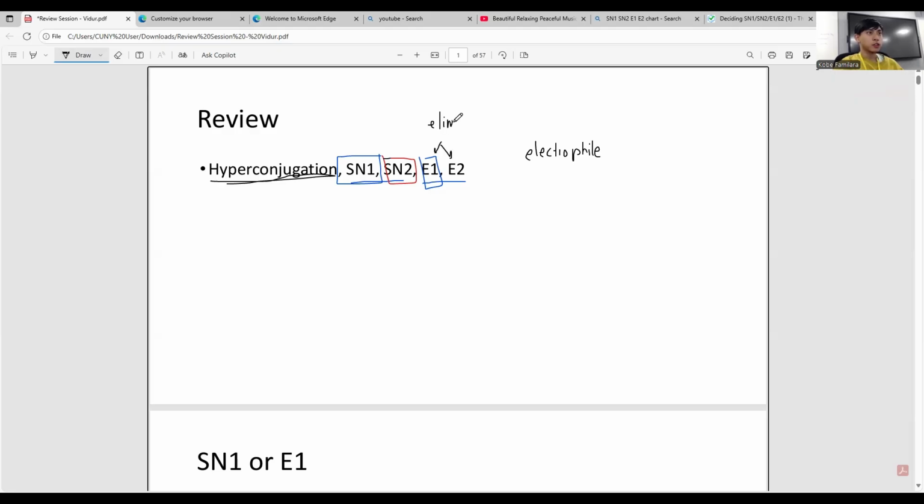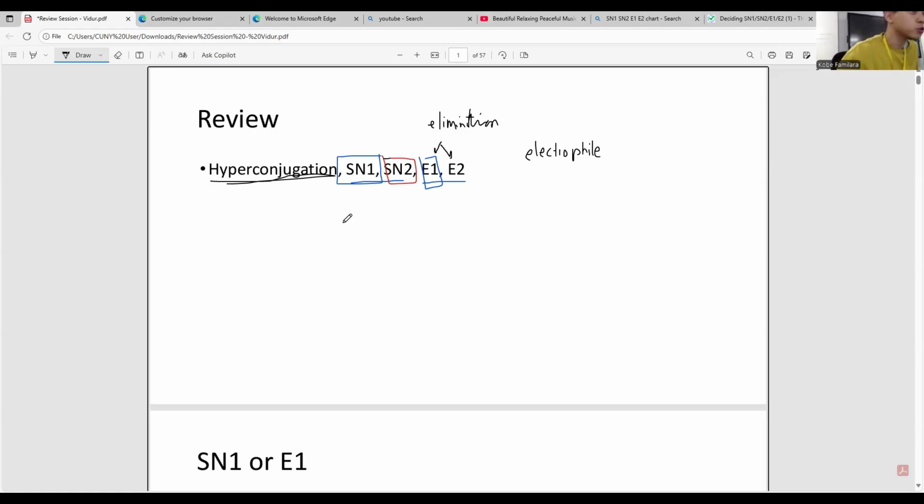It's called elimination because it's as if the leaving group just leaves and is eliminated, and it's not going to be replaced, just like it's going to be replaced in the nucleophilic reactions.